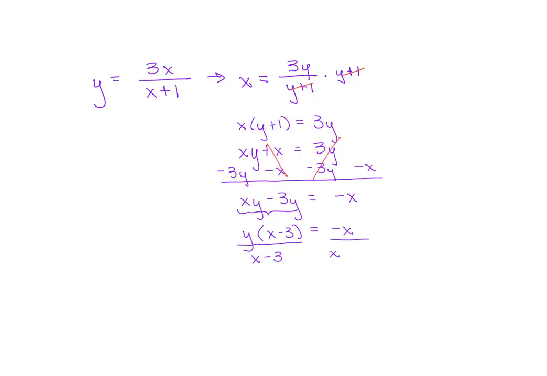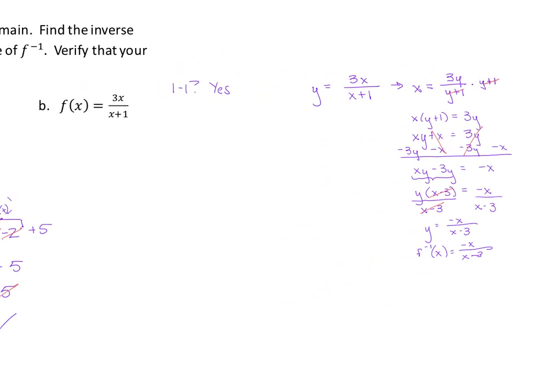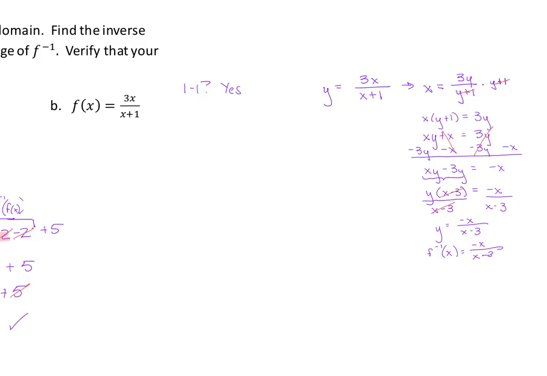And so we're going to divide by x minus 3. y has now been solved for. We get negative x over x minus 3. And we're going to replace y with f inverse. All right, so that is my inverse function.